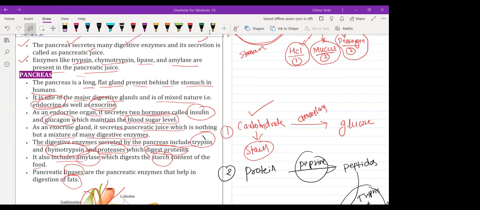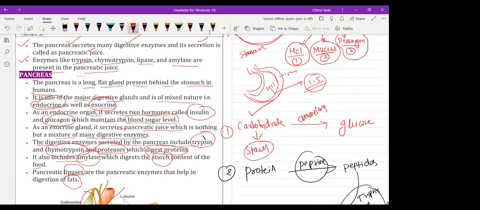Mucus is quite sticky, so on the inner lining wall of the stomach it makes a protective layer that prevents the action of acid, because the acid is very acidic in nature, with a pH value of 1.5. That low pH acid may harm the inner lining of the stomach and cause severe effects. That's why mucus makes the protective wall and helps in protecting the inner lining of the stomach from the action of acid.